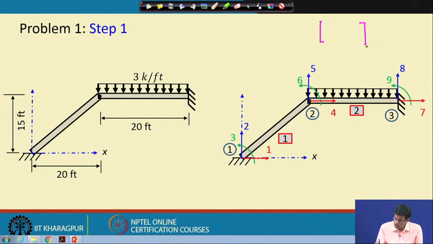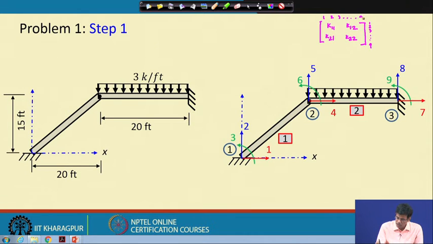Now, in this Kg there will be a K11, K12, K21 and K22, coming from 1, 2, 3 up to 9, and similarly 1, 2, 3 to 9.